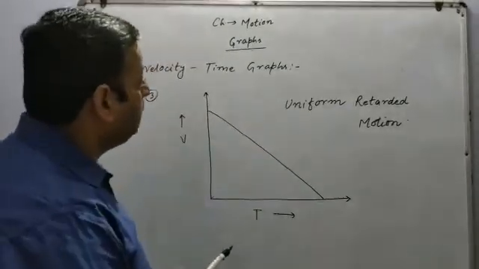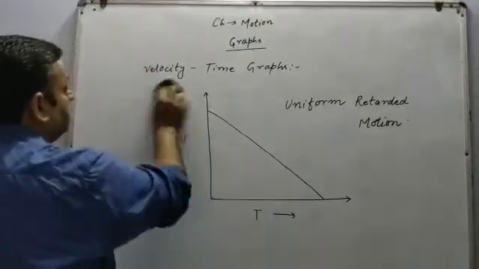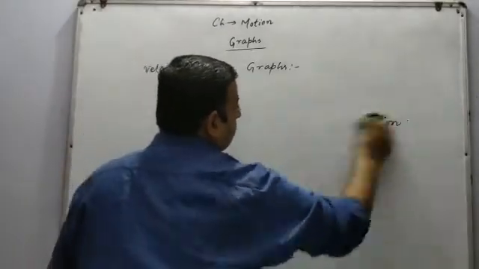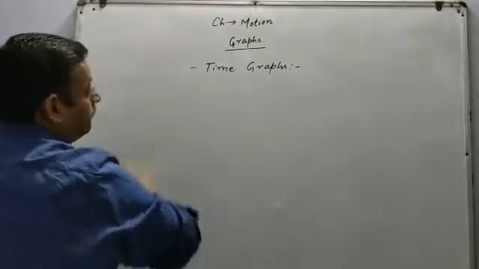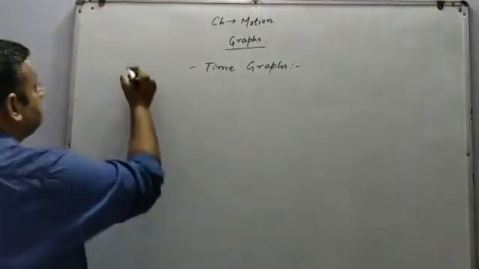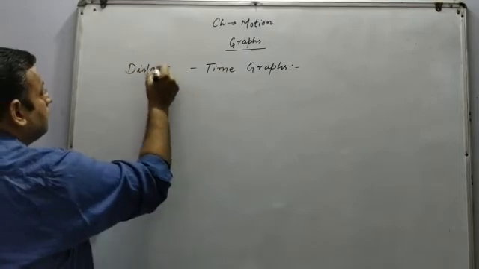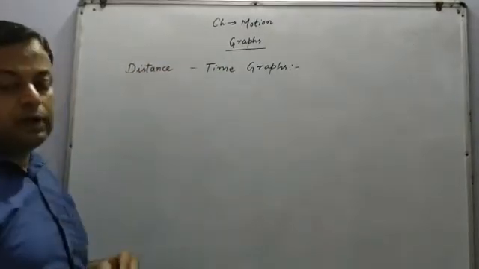Now second type of graphs are distance time graphs.